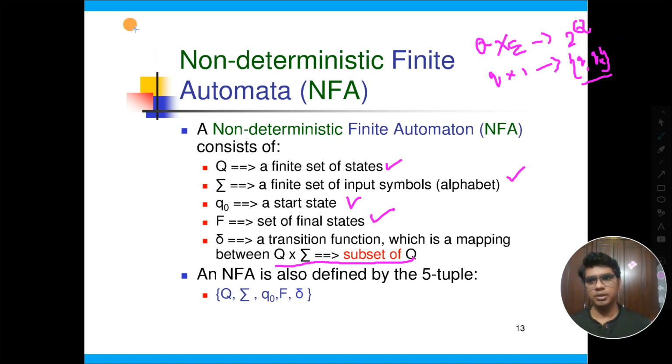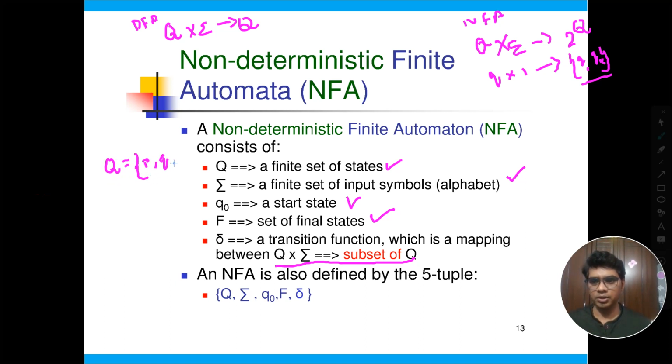Now what about DFA? In DFA, the transition function is Q × Σ → Q. That means it will go to only one state in Q. Whereas in NFA, it may go to any subset of 2^Q. If you write the set and subsets, then you'll understand better.